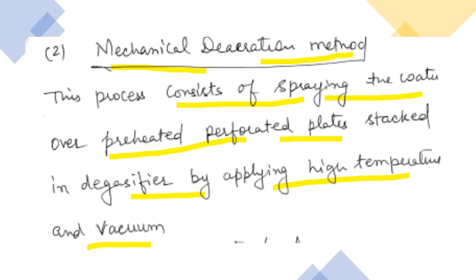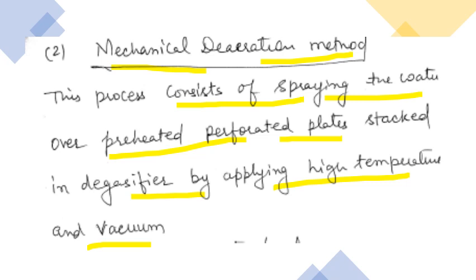So we spray the water over a tank where the perforated plates have a high surface area, are heated, and high temperature and vacuum are provided. We provide these conditions so that the solubility of the gas decreases, and when the solubility decreases, it can be easily removed. This method is called mechanical deaeration.